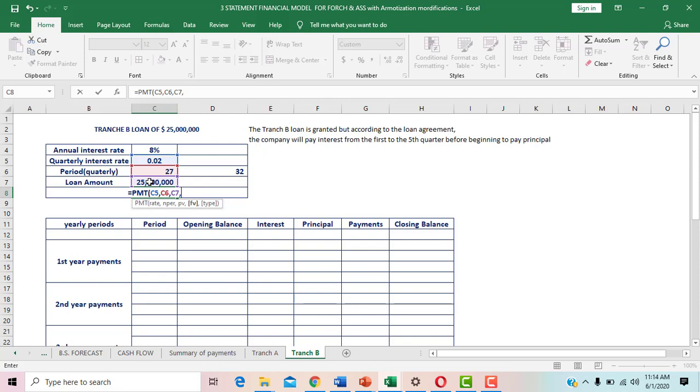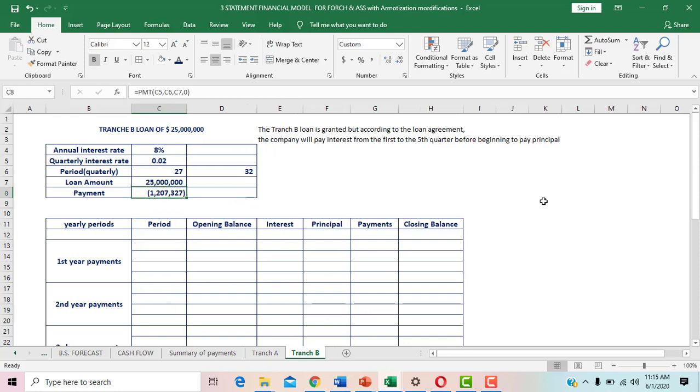Meaning at this time, the company is expected to have liquidated the total loan of $25 million. We close bracket. So this tells us that we are supposed to make 27 quarterly payments of $1,207,327.